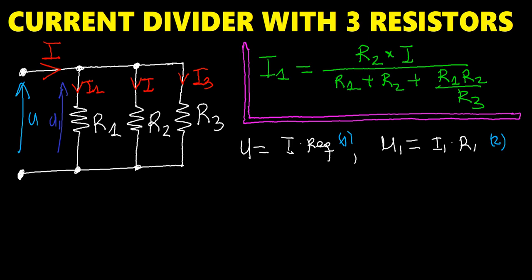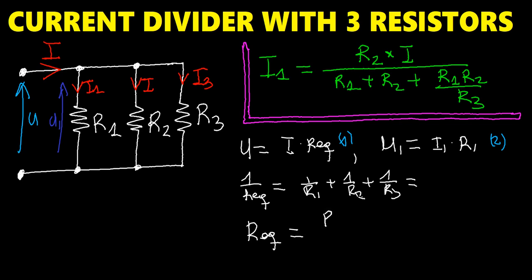1 on R equivalent is equal to 1 on R1 plus 1 on R2 plus 1 on R3, which, when you perform this very well, we discover that R equivalent will be equal to, let's say I'm going to first of all arrange all before I reverse the operation.